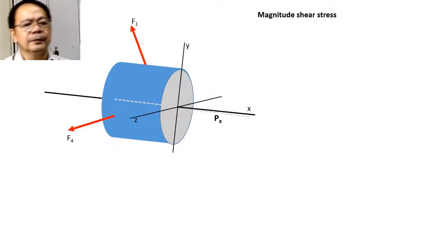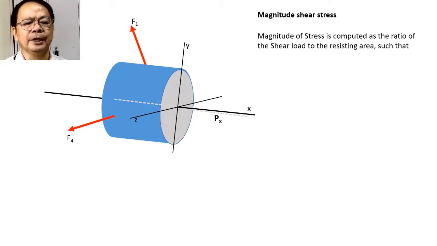So, the magnitude of shear stress is computed as the ratio of the shear load. Yun yung shear load na tinutukoy natin dito, yun yung component of the P parallel to the resisting area. Yun yung PX at saka yung PY na ipinakita natin kanina. No?